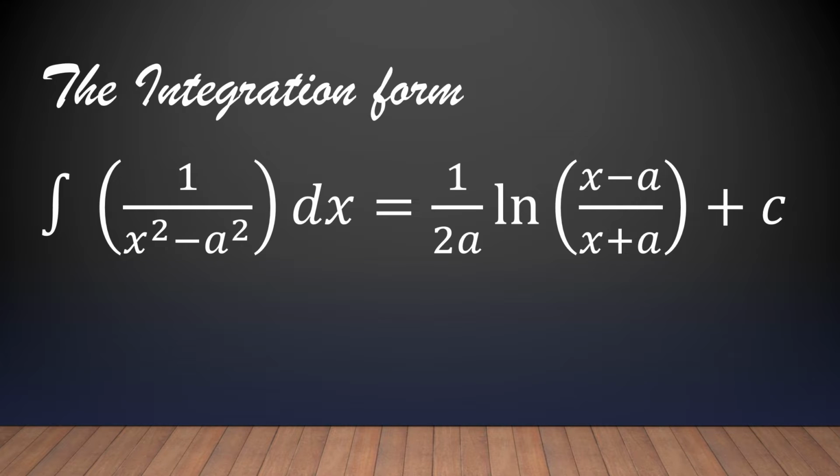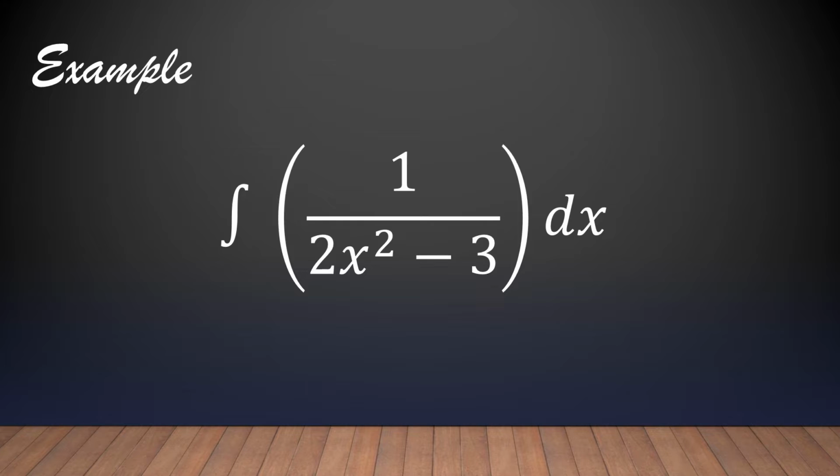So let's look at an example here. If I have the integral of 1 over this, dx, I'll take the whole of this as my x squared, and this one as my a squared. Our concept should be to manipulate the expression so that it follows this kind of relationship.